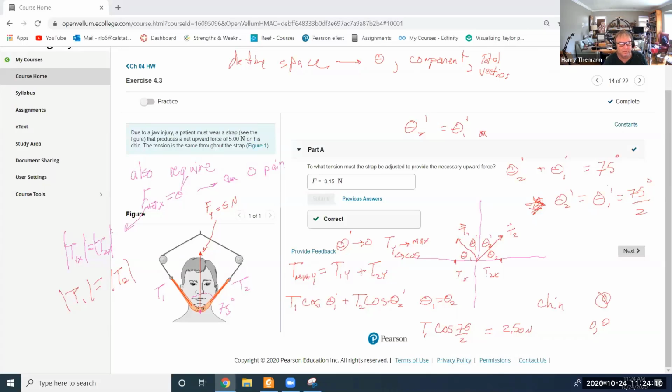So then what you do is you say to yourself, okay, as theta goes to 0, what does the component do?